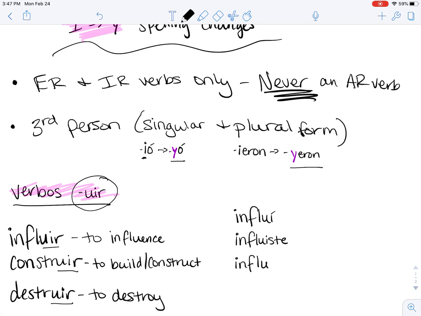First off, if we would have followed the normal pattern, we would have this, which is pronounced influió. Try saying it, influió. It doesn't sound like it flows very nicely, and the faster you say it, it almost sounds like you're saying influyó.